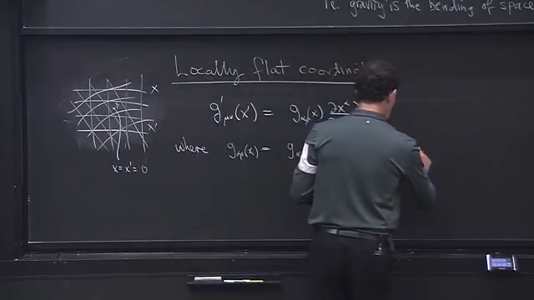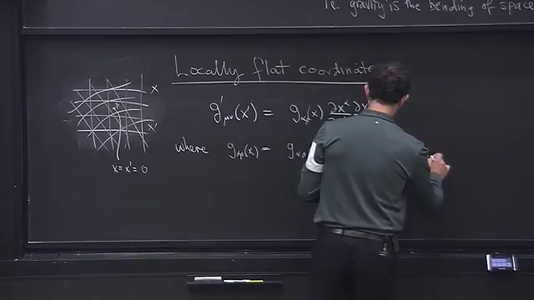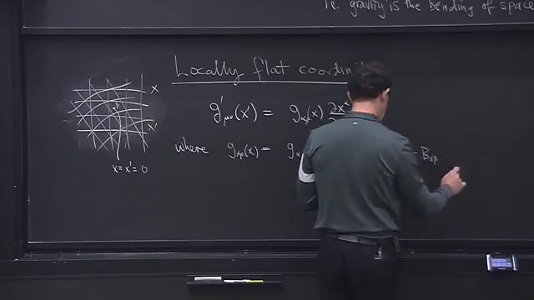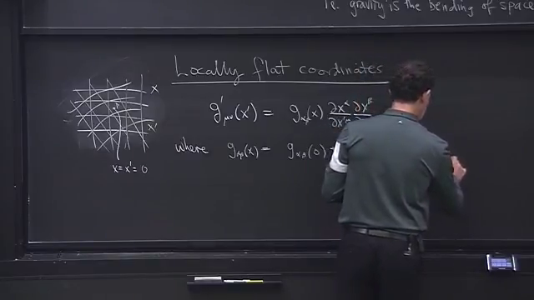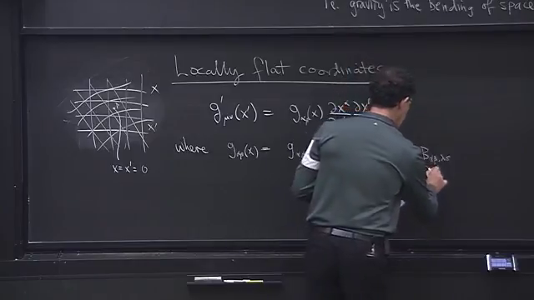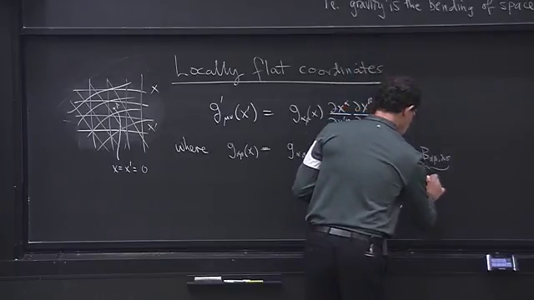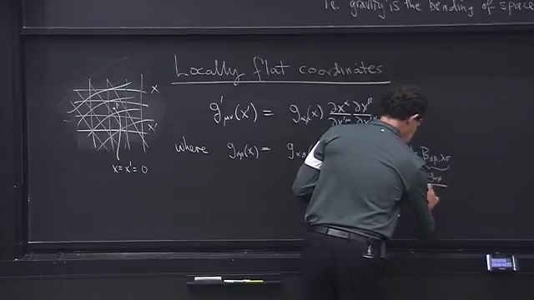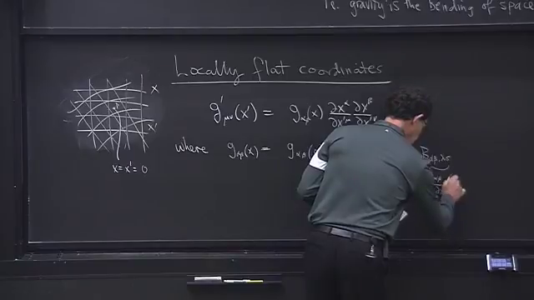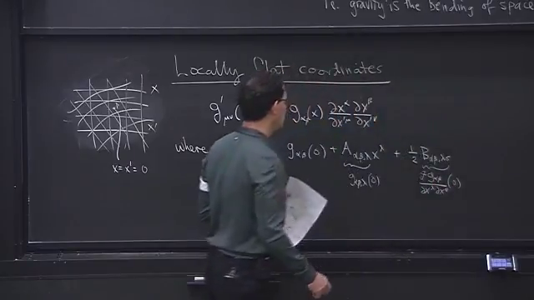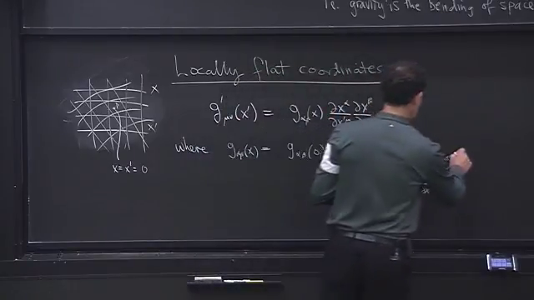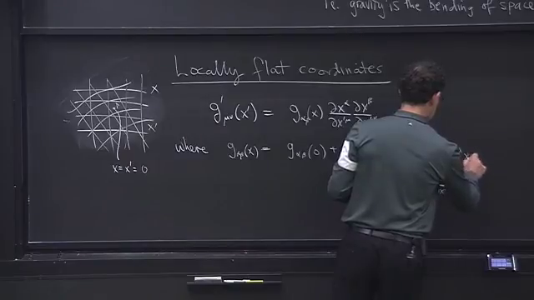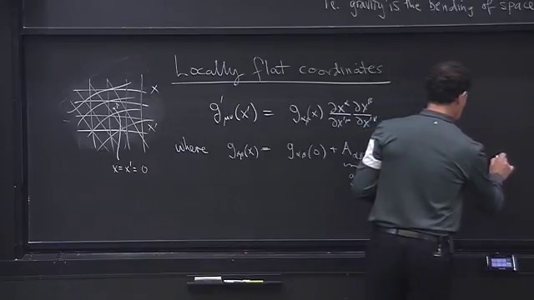And then we have a half g alpha beta comma lambda sigma. This again is d2 g alpha beta over dx lambda dx sigma evaluated at the point 0, times x lambda x sigma, plus dot dot dot.